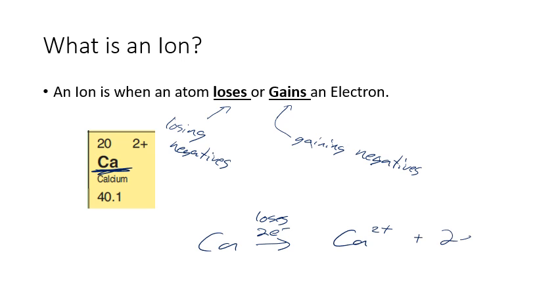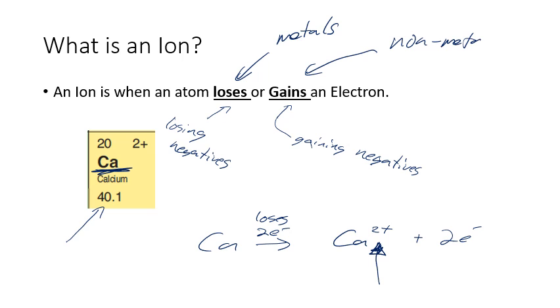Those 2 electrons go flying away and do some chemical reactions, but it leaves the calcium positive. And that's how calcium does this. So metals usually lose electrons, and nonmetals gain electrons.